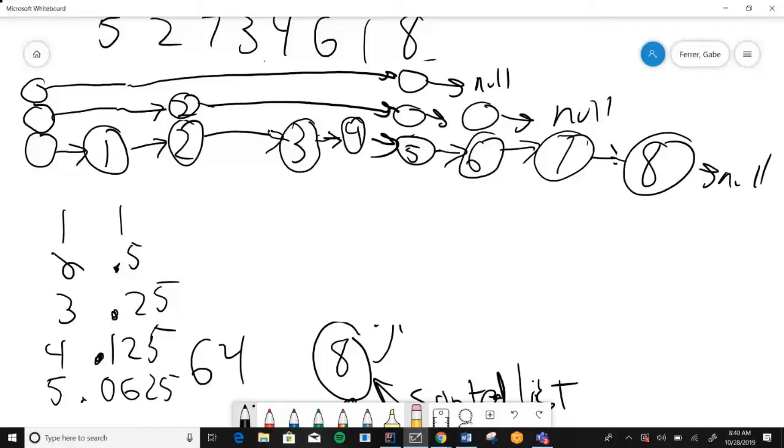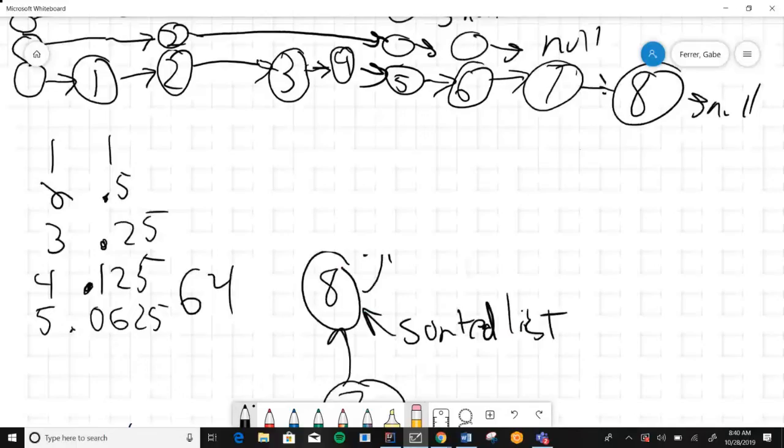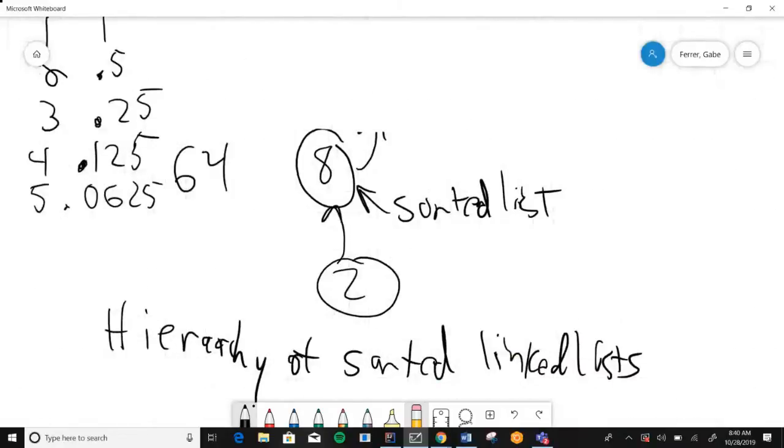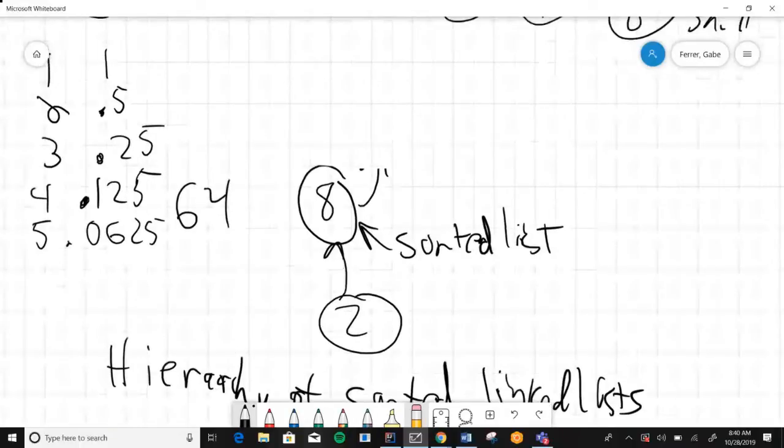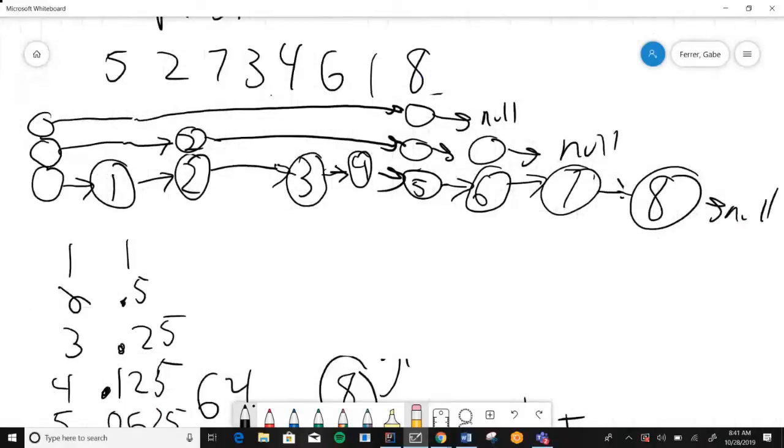I'm a bit confused on the randomness of the first two of my leveling, but that's just something that I'm gonna have to get more explanation on. So the part of the lecture that you missed was that what we're creating is a hierarchy of sorted lists. Each list in that hierarchy has smaller and smaller numbers of members. By searching higher in the hierarchy, you get to skip over nodes that are not members of the lower levels.